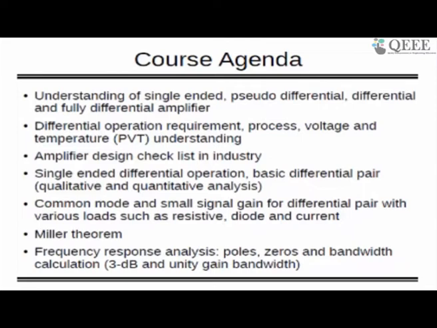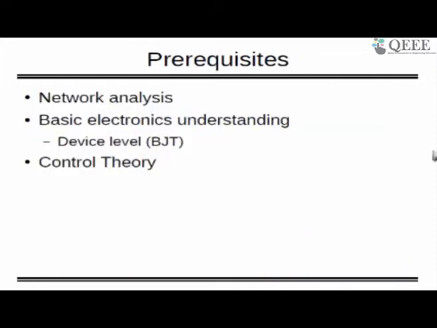Sometimes people call it unity gain bandwidth, where your gain becomes 0, or I mean to say 0 dB. For 0 dB, the gain is unity, meaning 1 volt per volt, and 0 dB in dB. Okay, so these are the things.